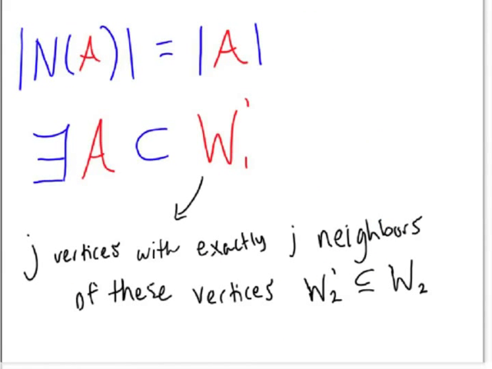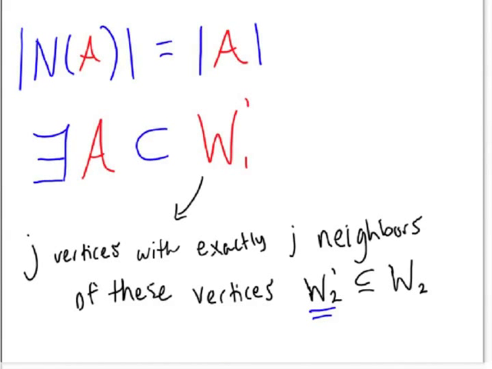For the second case, we're going to have to show the equality of Hall's condition holds true. We only have to prove that there exists some subset A of W sub 1, the vertex set in the bipartition of the graph W, where A is a proper subset of W sub 1, and we'll call this W sub 1 prime. And we are going to then show that we have in this subset W sub 1 prime j vertices, such that there are exactly j neighbors of these vertices in W2, and we're going to call that subset W sub 2 prime.